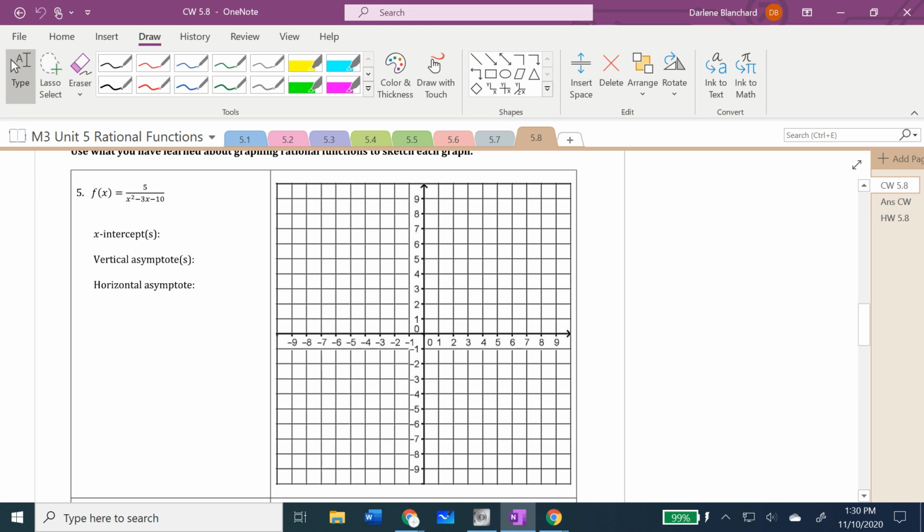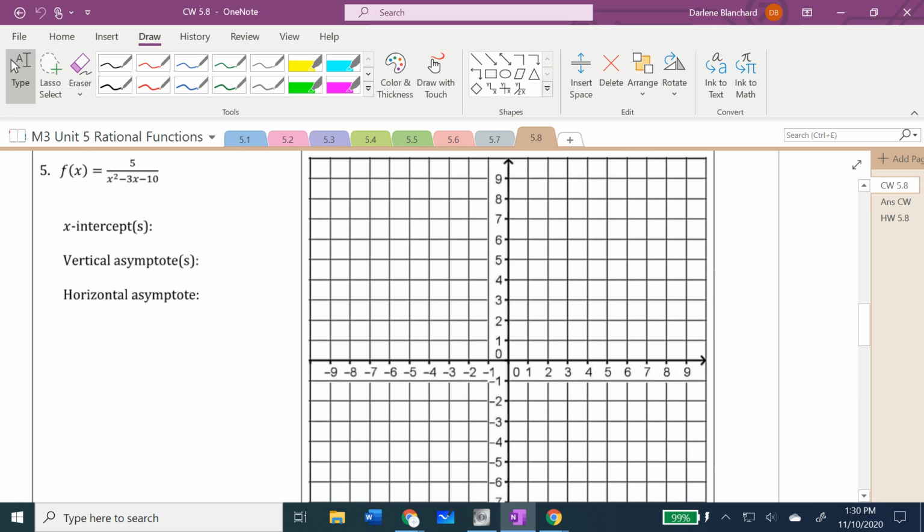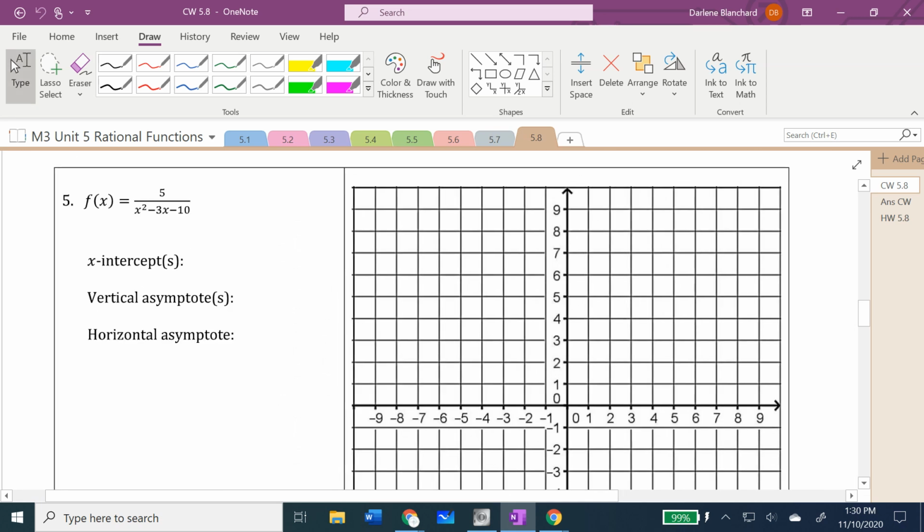Take a good look at number 5. What makes the numerator equal to 0? Your answer is nothing. Nothing makes 5 equal to 0. The vertical asymptotes are the x values that make the denominator equal to 0. So if I factor, I get 5 and -2 for my vertical asymptotes.